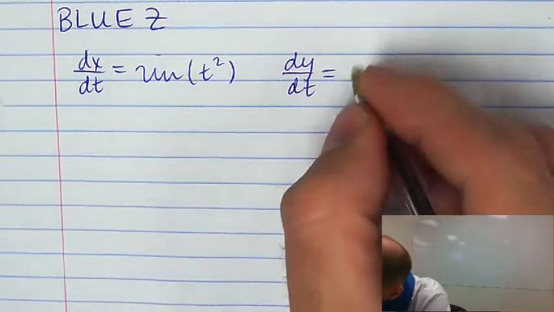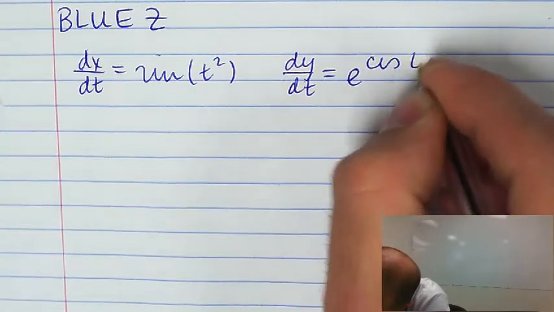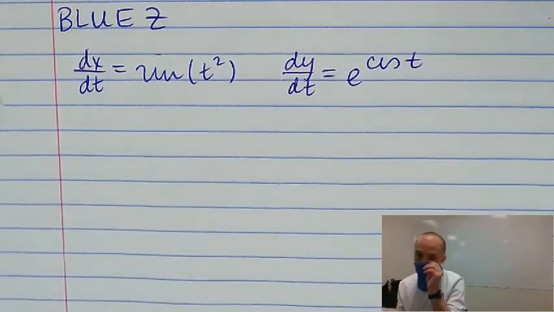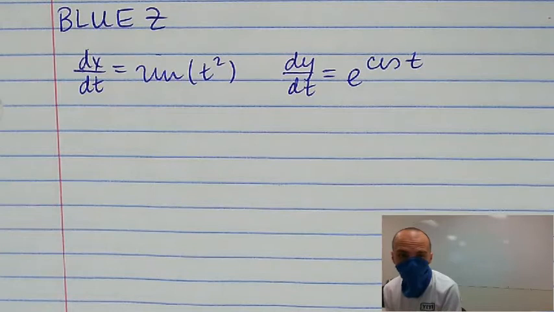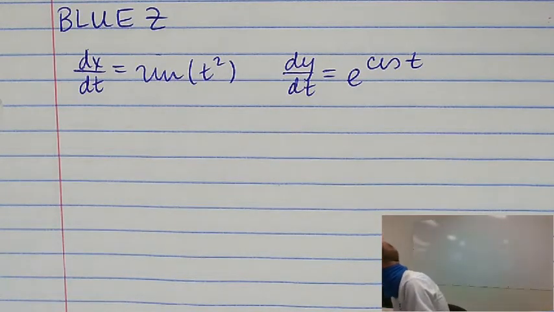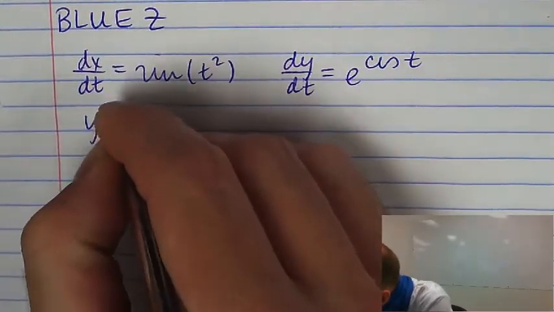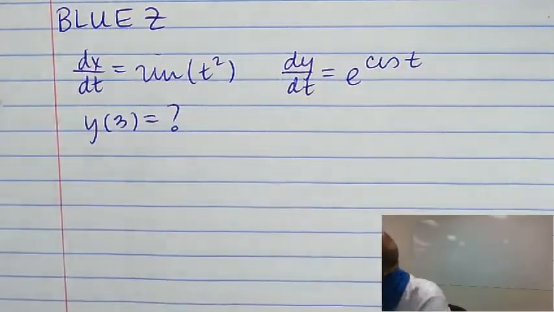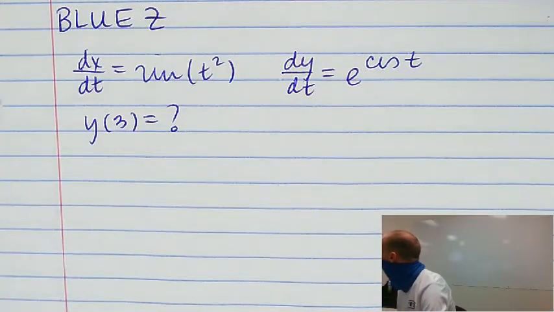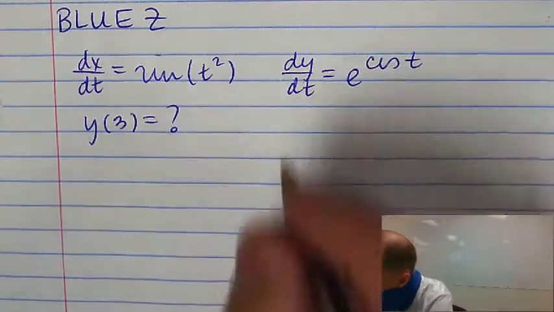E to the cosine t. Right? And, oh, and they want to know the ending y coordinate. So y of 3 equals, well, what I'm trying to find. And y of 4 equals 1.